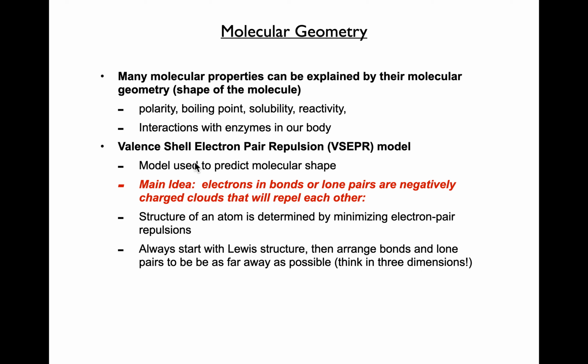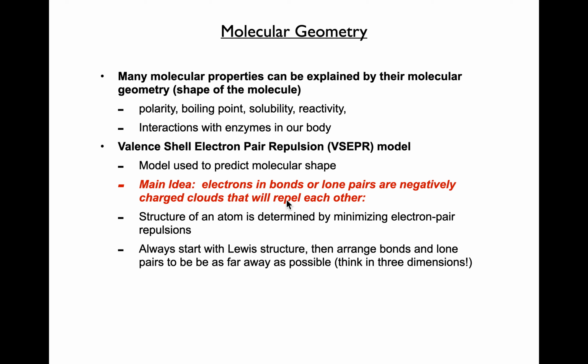This is a really good predictor of molecular shape, and the main idea is that a molecule is going to adopt a shape where the electrons, either in covalent bonds or lone pairs, are all negatively charged, and they're all going to repel each other. So the shape that a molecule is going to take is going to be the one that maximizes the distance between electron pairs or electron groups, and minimizes the energy.